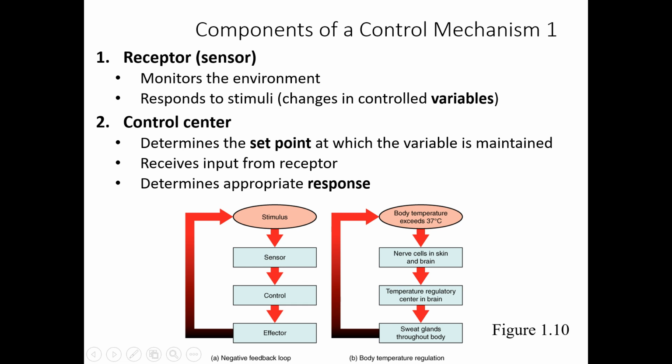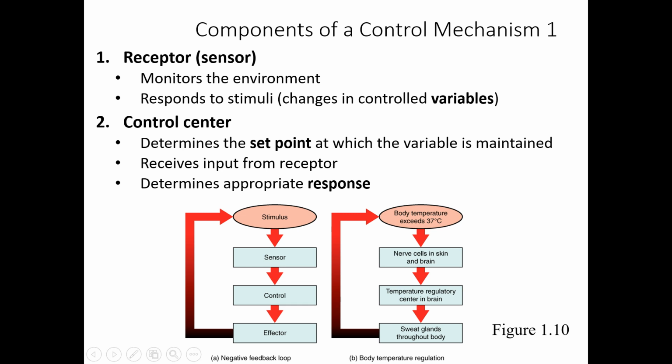What does that mean? Let's say receptor checks your heart rate and it is 90. It sends information to the brain. Is any response necessary? No, because it's a normal heart rate. So there will be no response in this case.